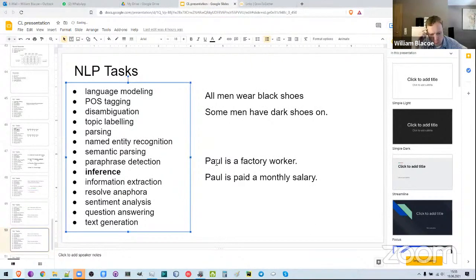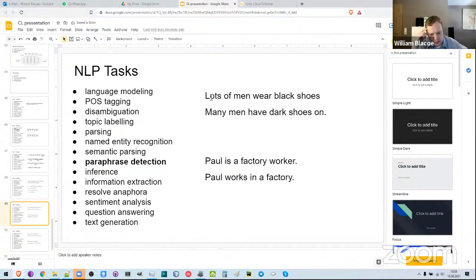You want to know whether two sentences have the same meaning, and sometimes it's simple because you can just look at the words. Lots is like many. Wear shoes is like have shoes on, and black is like dark. So you can reduce the paraphrase detection of two sentences to the paraphrase detection of the words in those sentences. But sometimes it's not so simple.